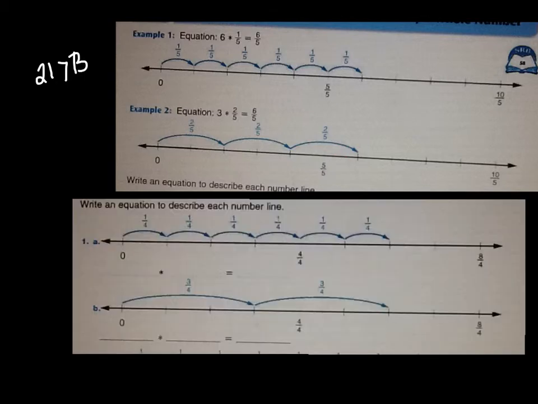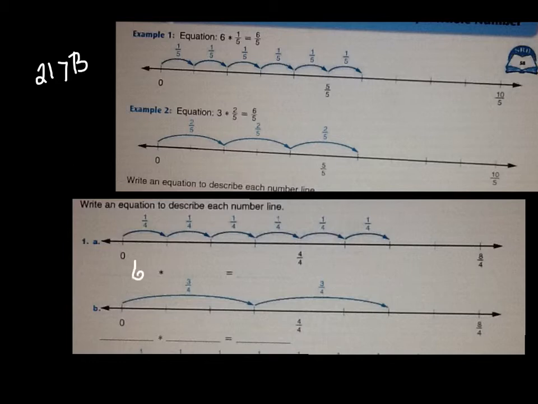Let's look together at problem 1 on page 217b. Again, we all notice that we end at the same spot on the number line, so we should have the same product. In the first one, I notice that my fraction that I'm counting by is 1/4, and I took 1, 2, 3, 4, 5, 6 jumps.